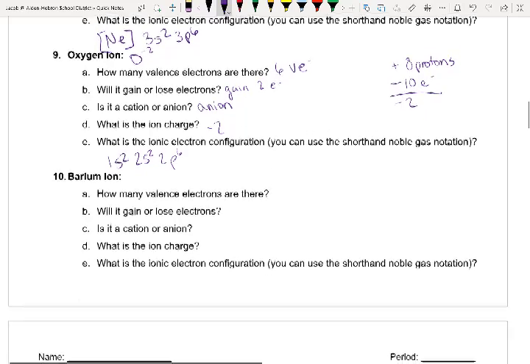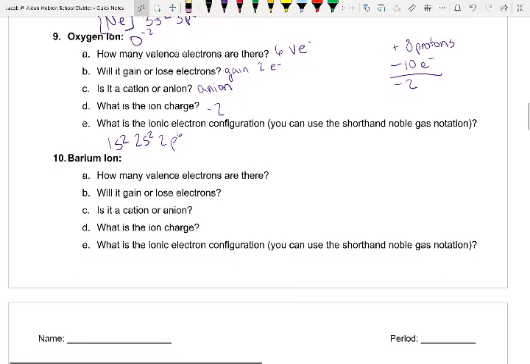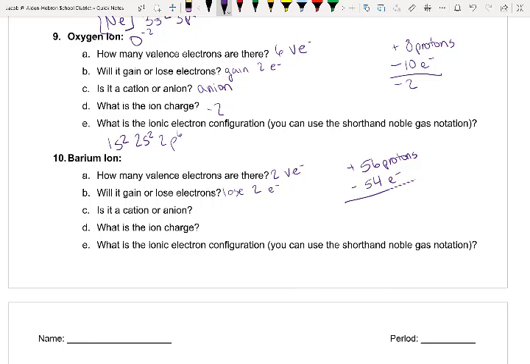And then the very last one, valence electrons for barium. Barium has 56 protons and electrons. It is in column 2, so it is going to have 2 valence electrons. Because there's only 2, it wants to lose 2 electrons to become stable. If it's losing 2 electrons, that means we're going to have 54 electrons there.